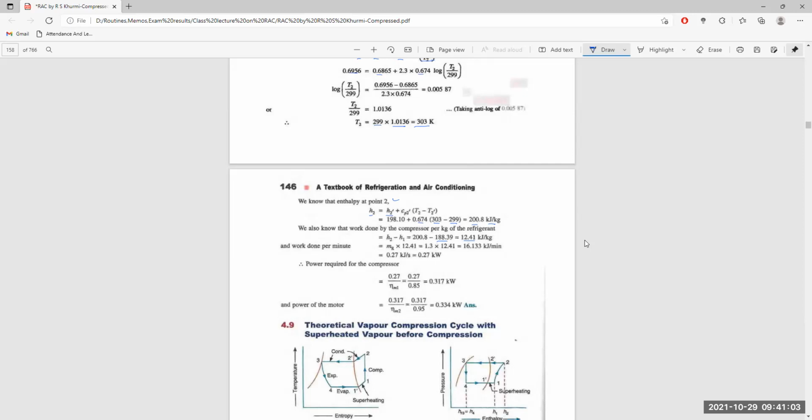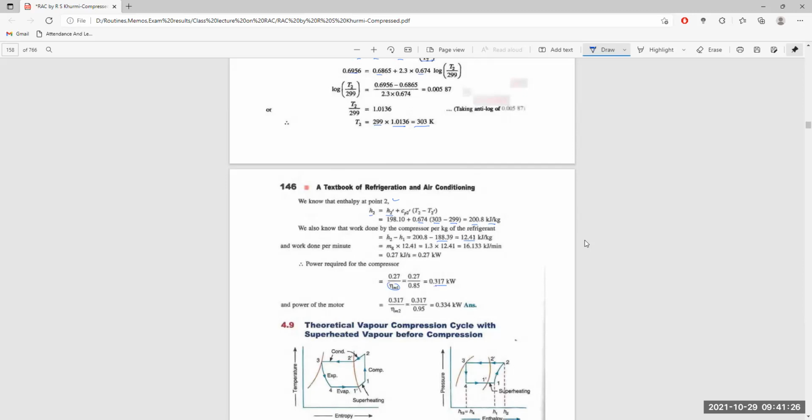So what is the power required from the compressor itself? This is the power the compressor requires to deliver, and the compressor and the motor have 85% efficiency.